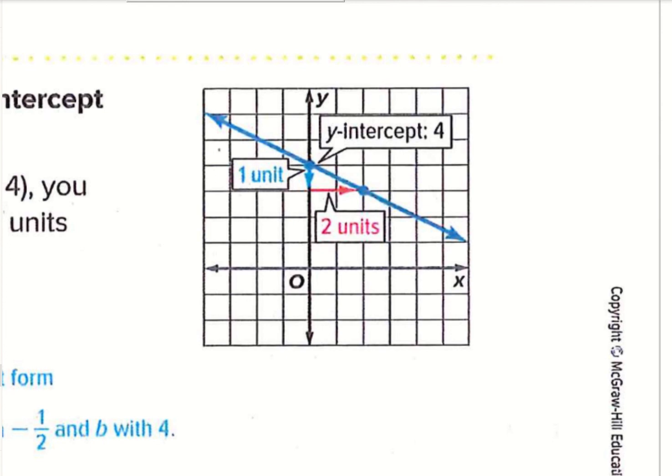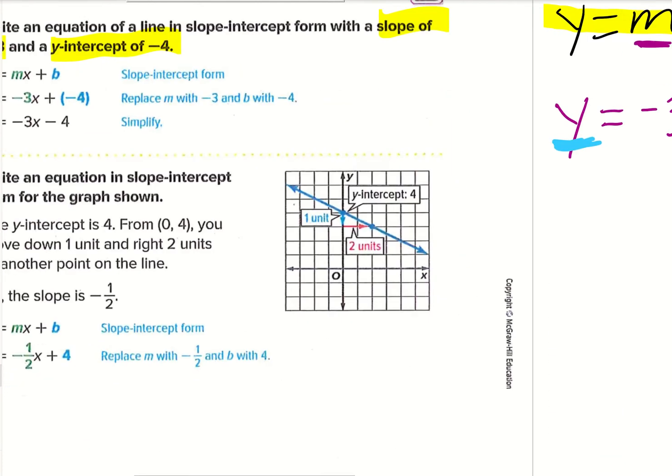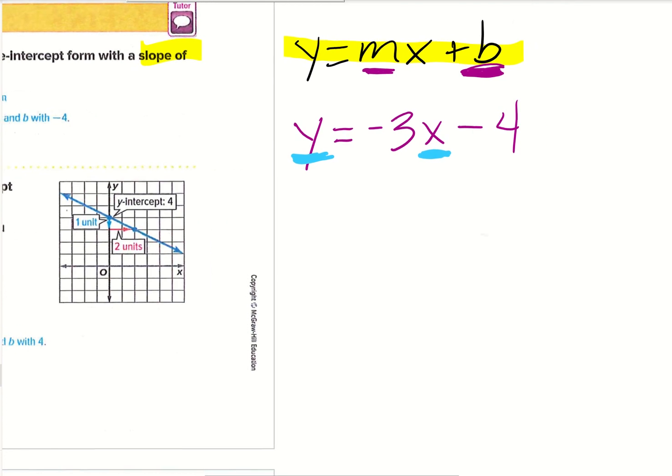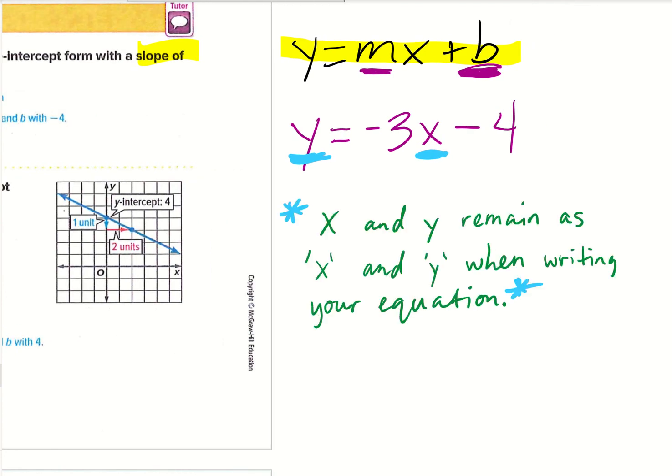So if you said x is 0, then you're confined to this being the only point on the graph because it's the only place on that line where x can equal 0. So you want x and y to stay as x and y when you're coming up with your equation. I went ahead and wrote that right here for you.